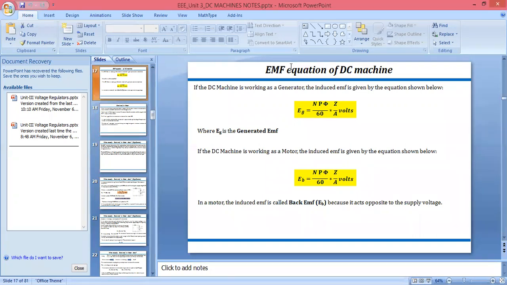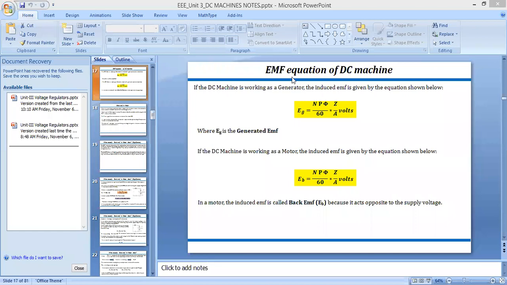You can see here, when we are using the DC machine as a DC generator, when we give the power supply and the mechanical energy, an EMF will get induced, and we can calculate that EMF by using this formula.